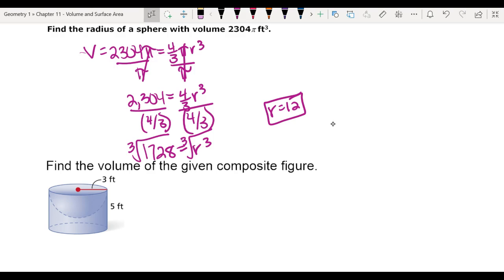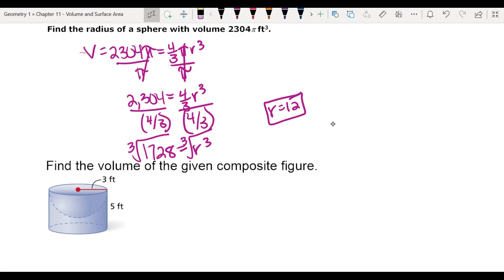All right, last one. It says find the volume of the given composite figure. Okay, so this one, it has a cylinder with a hemisphere cut into it. So it's a cylinder, and then this hemisphere cuts into it, is what's happening. Remember, when you have composite figures, you're either adding or subtracting, and you should decide right away which one you're doing.